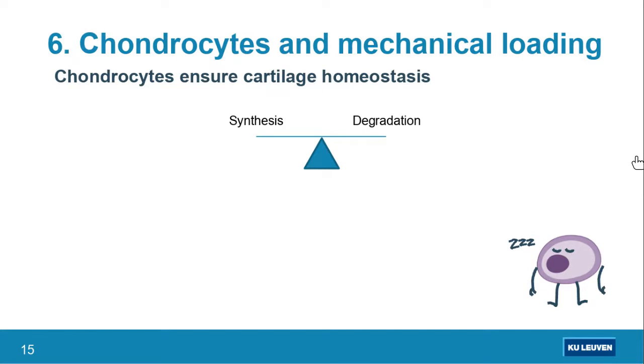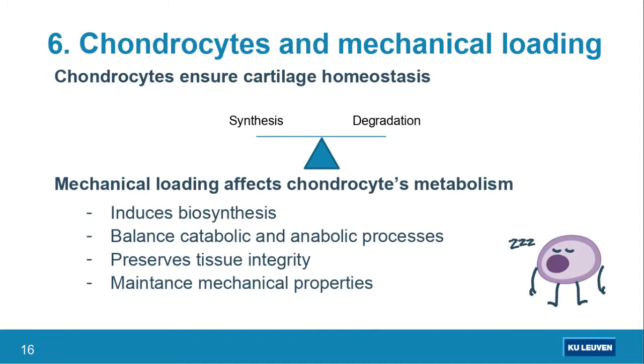So here you can be wondering, okay, but what is the exact relationship between this chondrocyte metabolism and mechanical loading? The reason why I'm explaining this is because mechanical loading is known to affect the metabolism of the chondrocytes. So specific types of loading are going to induce biosynthesis of specific components of the extracellular matrix.